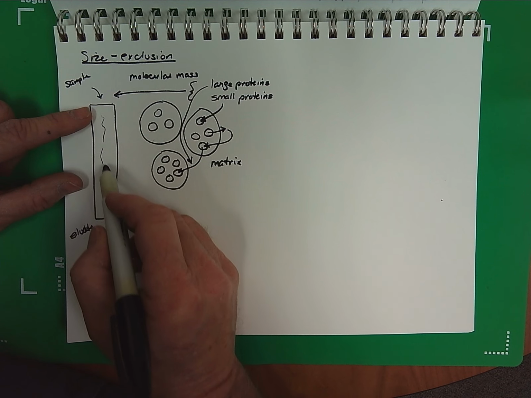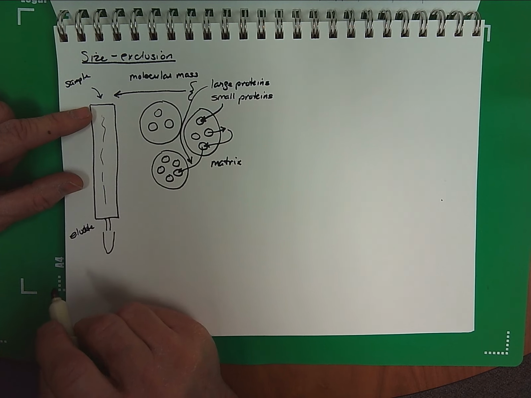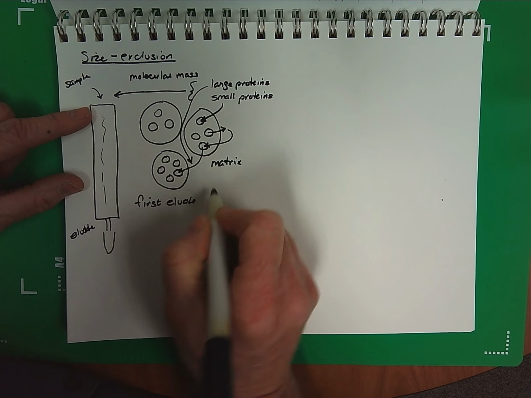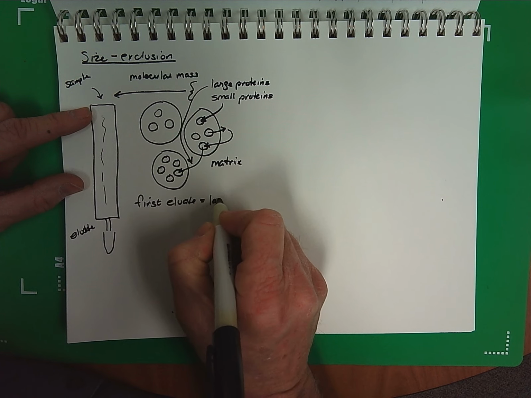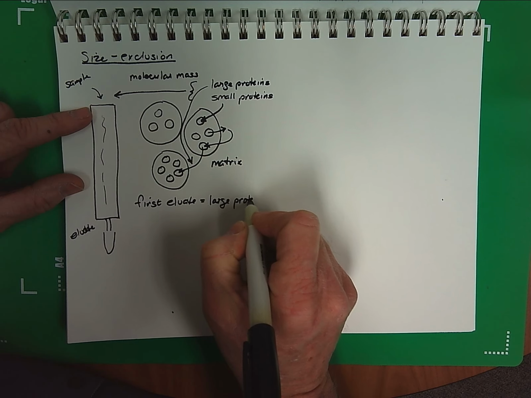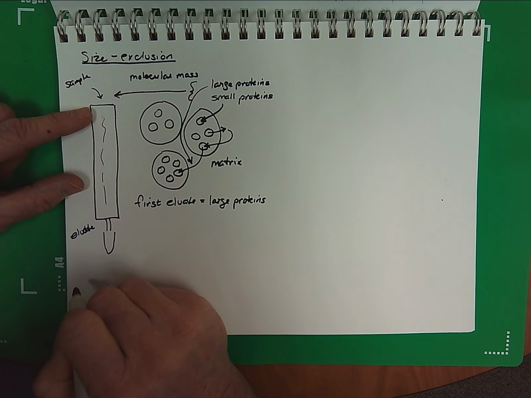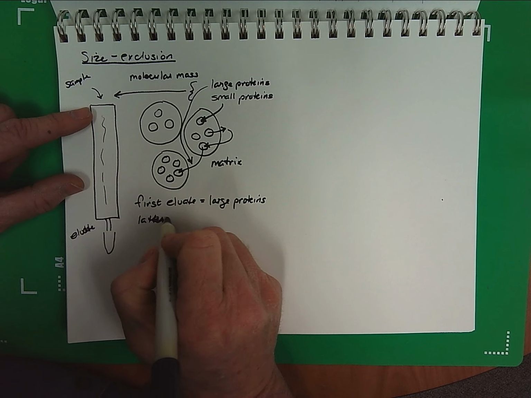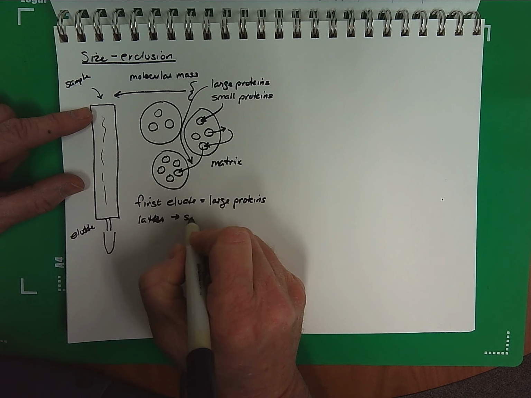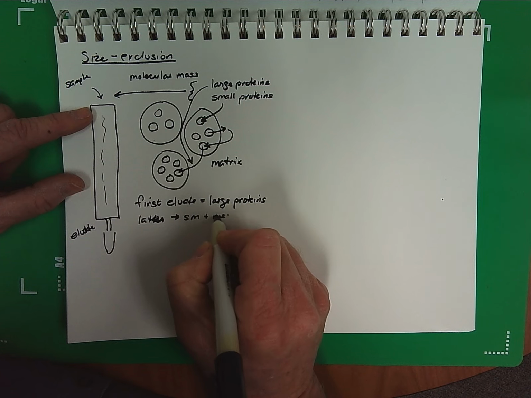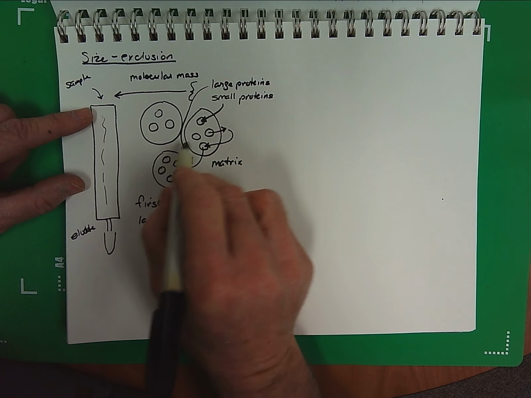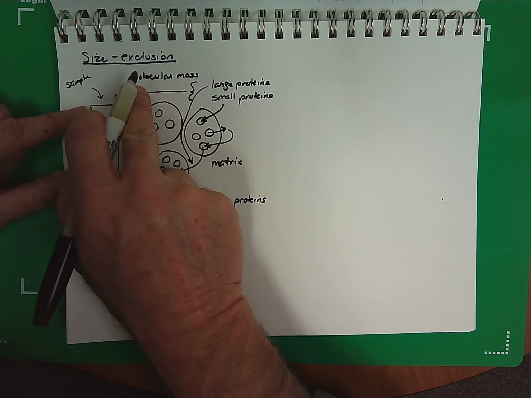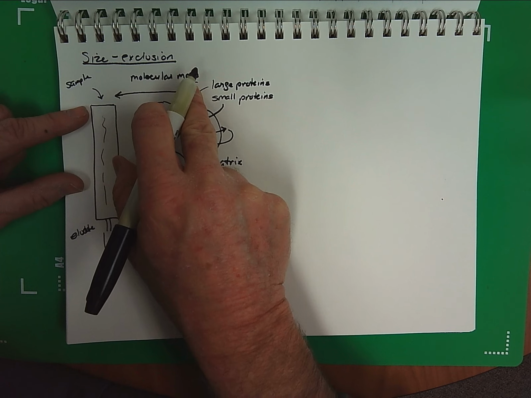Large proteins can travel rather rapidly because they're going in between the beads. So what this means is that the first eluate coming out of the column will be represented by large proteins. Later, the later eluates will be small and medium-sized proteins that have percolated through these beads. So this type of chromatography takes advantage of molecular mass. Different sizes we can separate.